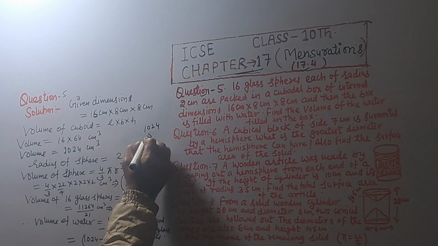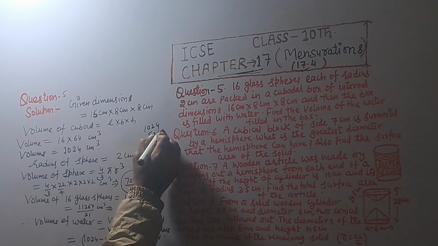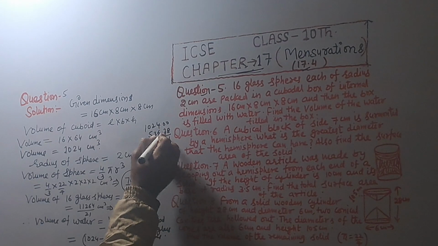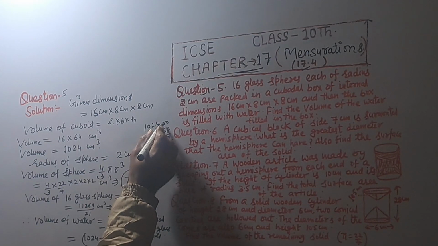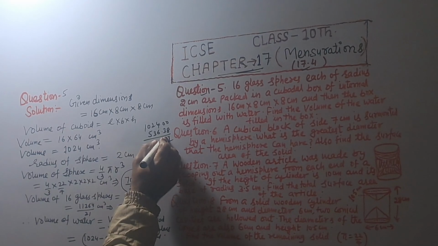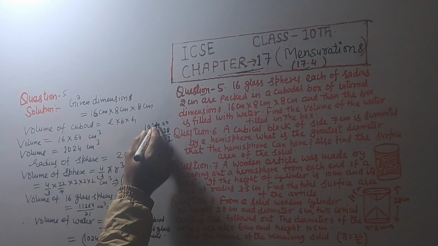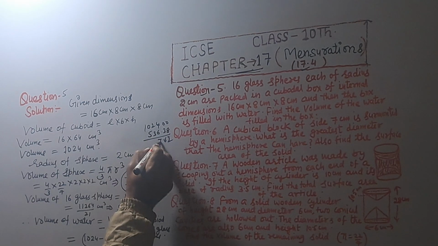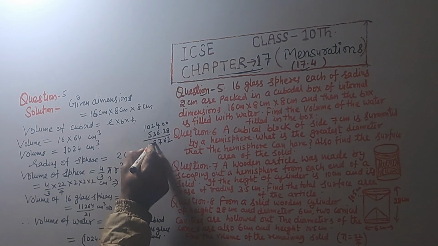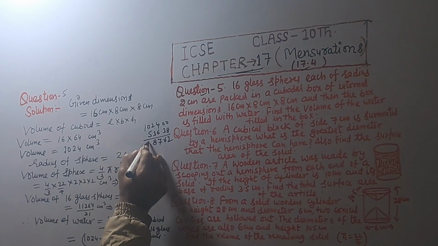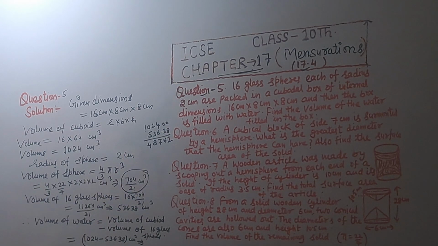1024 minus 536.38. 9 minus 3, that is equal to 6. 13 minus 6 is equal to 7. 8 and 9 minus 5 is equal to 4.